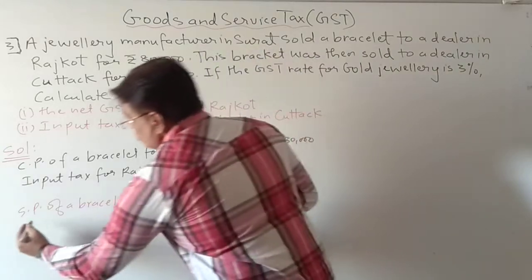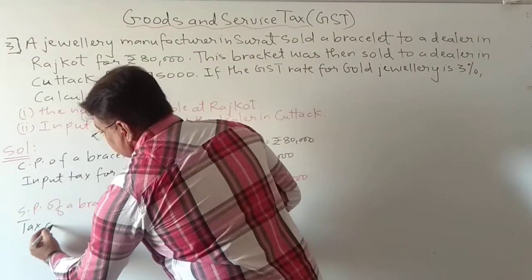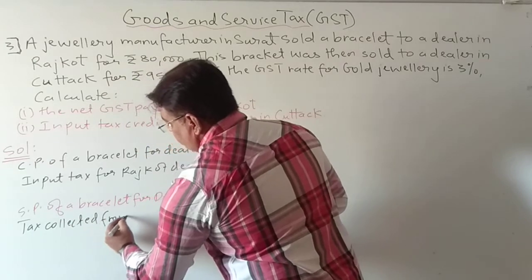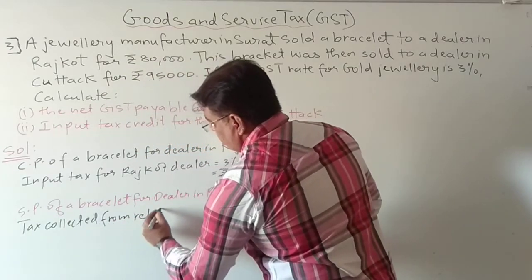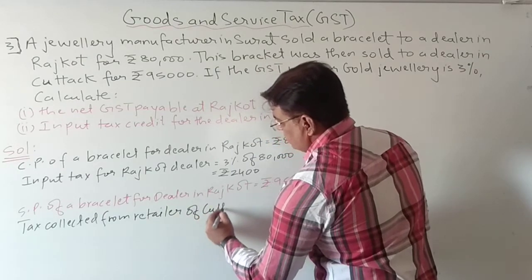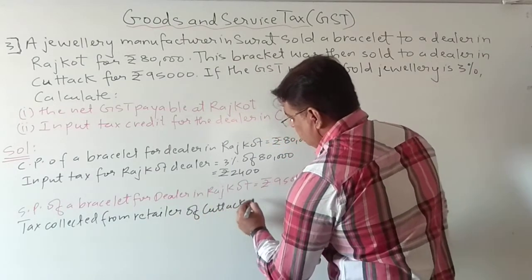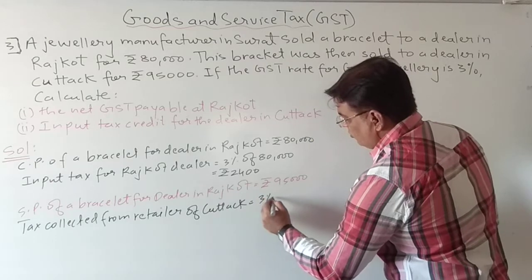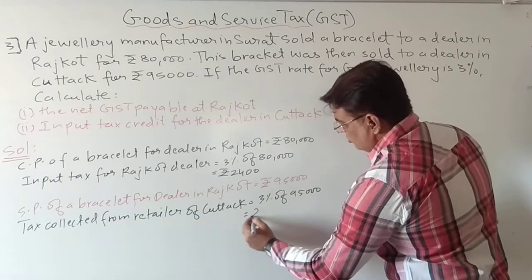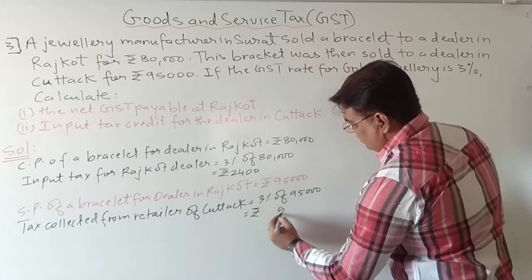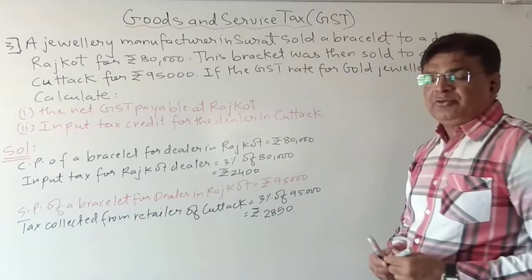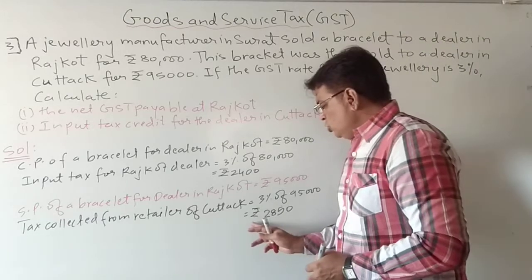The tax collected from the retailer of Cuttack will be again 3% of 95,000. So it will be rupees, 5 threes are 15, 5 and 1, 2850. Okay, students. So how much tax?